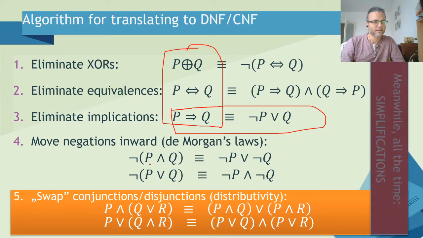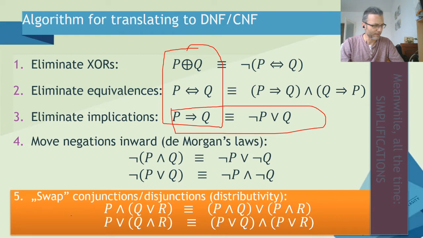It makes your situation easier. So try to shrink your formulas whenever you can, and then this very last step, the application of distributivity, will be a little bit easier.